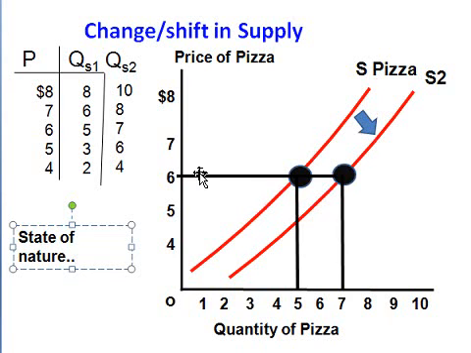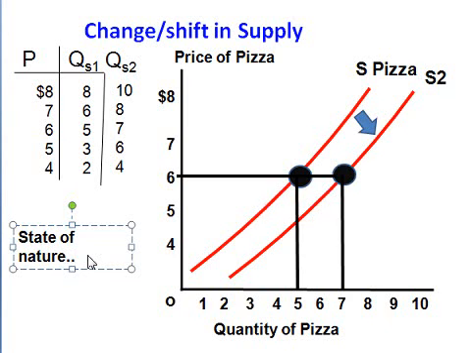Make sure that if the price of pizza drops, but the economy is very good and everything is very good, supply of pizza will not shift right if the price drops. That means the price should be the same. Price should remain unchanged. Only the state of nature has changed. As a result, the supply curve can shift right or left.